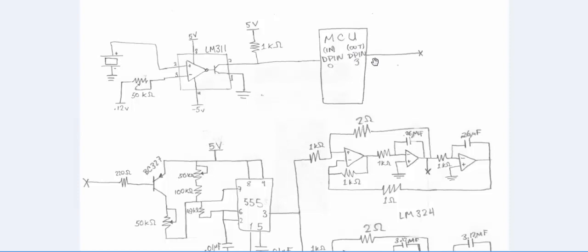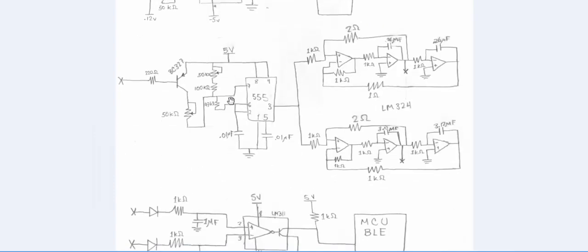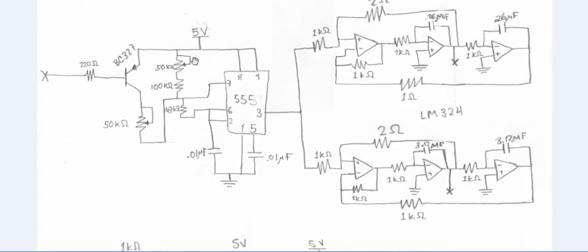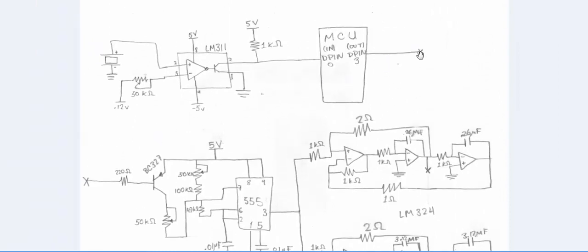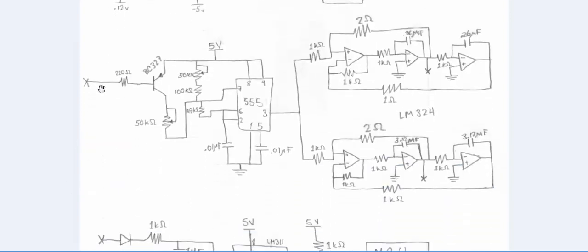From digital pin number 3, we take the signal and it goes to the modulator, which is this part. The signal comes from here, passes through a resistor of 220 ohms, and then goes to a PNP transistor.